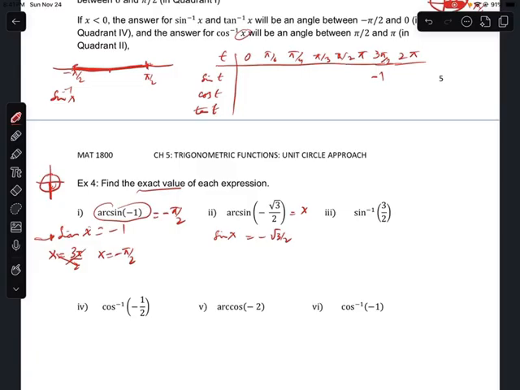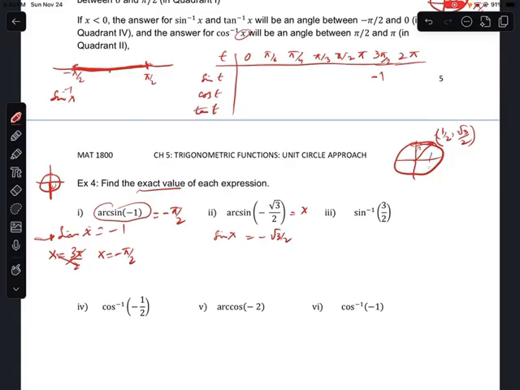The number that we are looking for is on this line, which is 3 pi over 2, but these have infinitely many names, so we will say x is equal to negative pi over 2, because going clockwise from 0 to this line, you get a negative. So the answer for this one will be negative pi over 2.